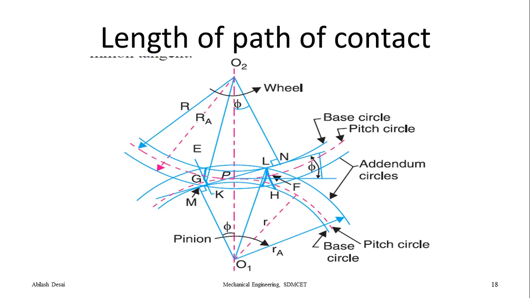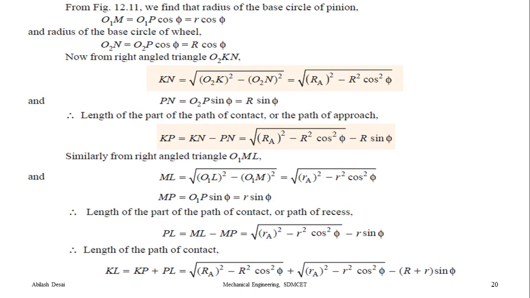This is the hypotenuse, that is O1 to L. So hypotenuse square is this square plus this square for this triangle. So ML is equal to root of O1L square minus O1M whole square. Again substituting the values you obtained for O1L and then O1M.